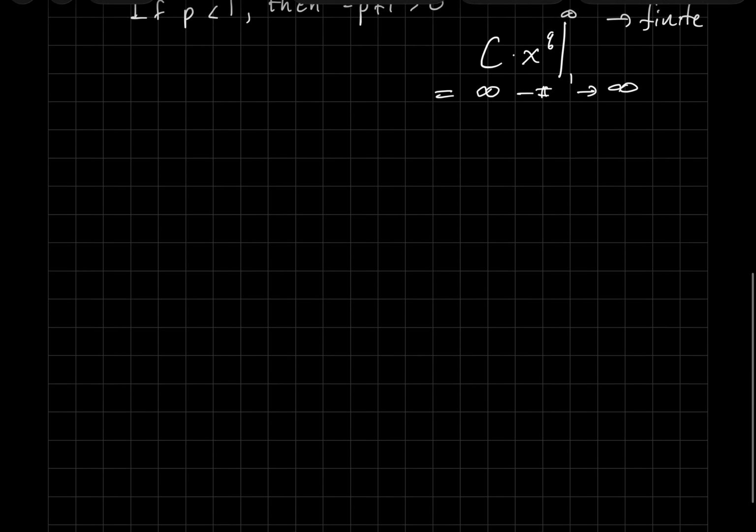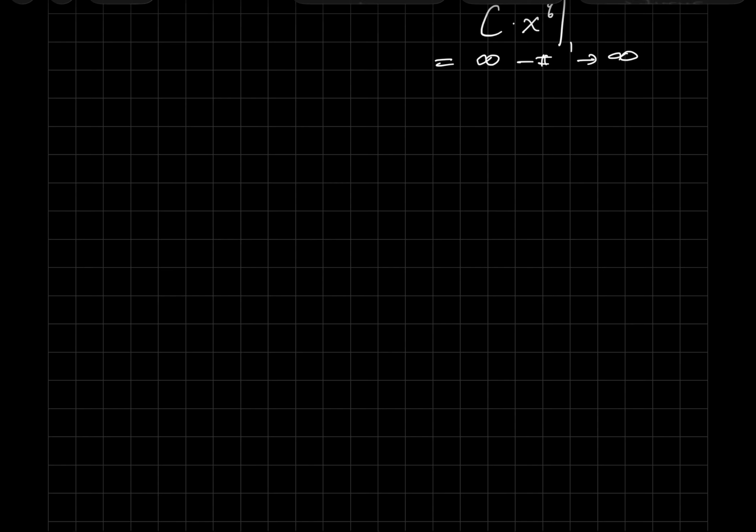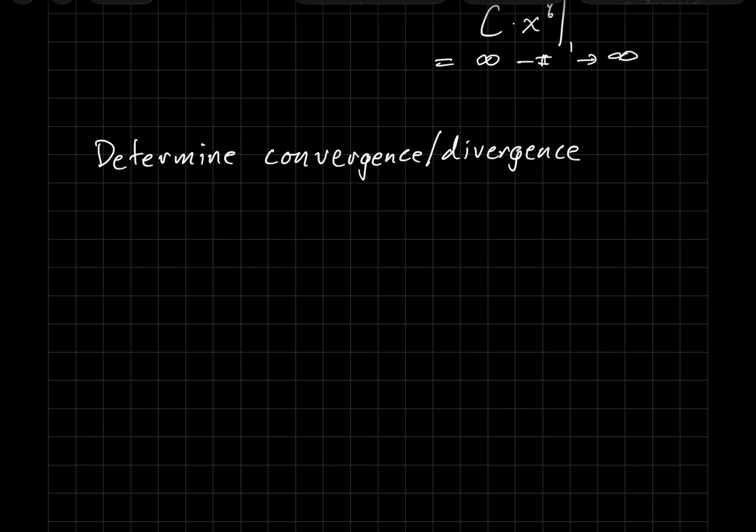Let's look at 3 quick examples. And all we want to do is determine whether the series converge or diverge. And we might add a few more details. We'll start with the series from 1 to infinity of 1 over n squared.